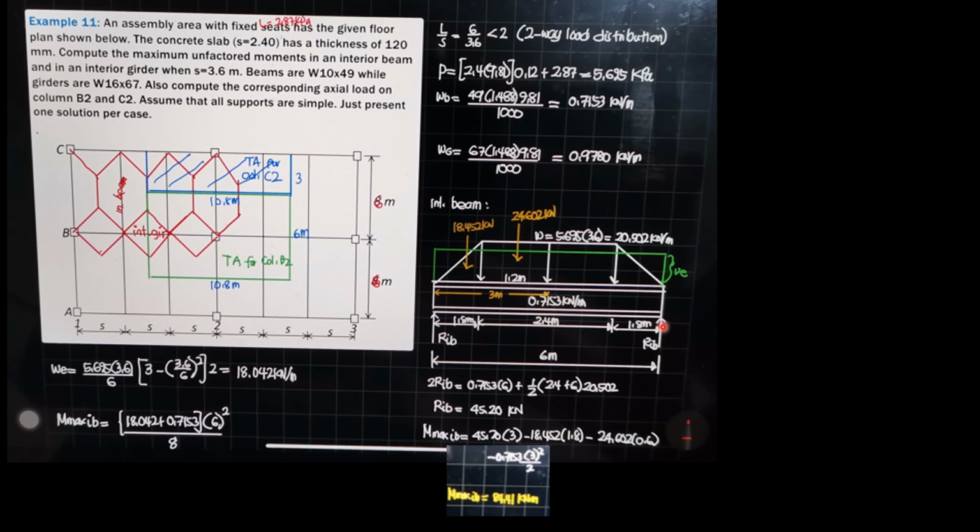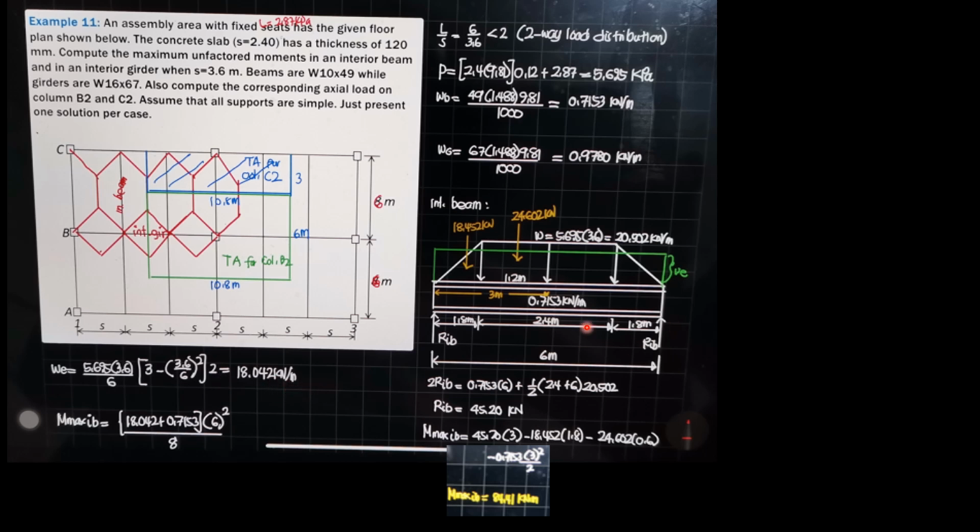So the other solution is by equivalent uniform load WE. So it is pressure times spacing over 6, quantity 3 minus S over L squared, then times the number of sides. So for an interior beam, times 2. So 5.695 times 3.6 over 6, quantity 3 minus S over L, quantity squared, then times 2, so 18.042 kilonewtons per meter.